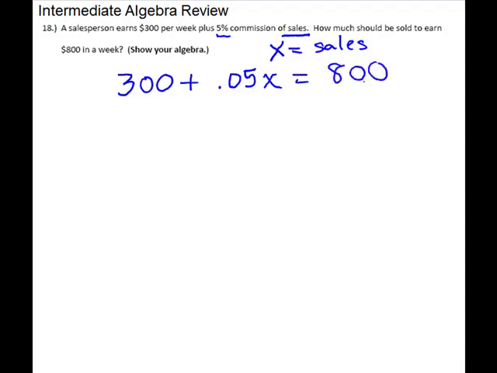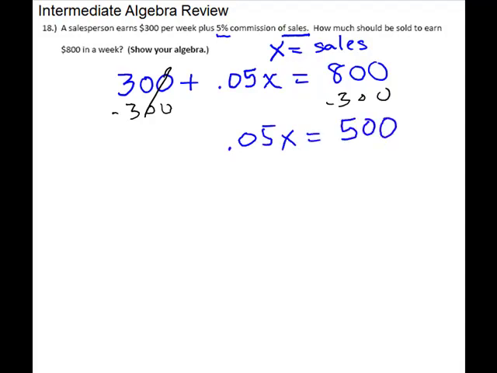And then it's going to be just isolate your variable. So let's subtract 300 from both sides. So 0.05x equals 500. And then you're going to divide by 0.05 divided by 0.05. Put this in your calculator.